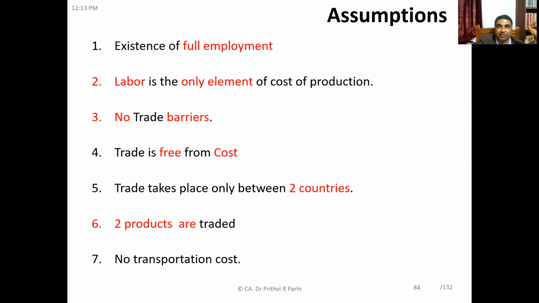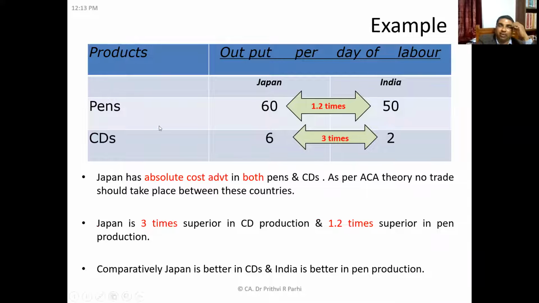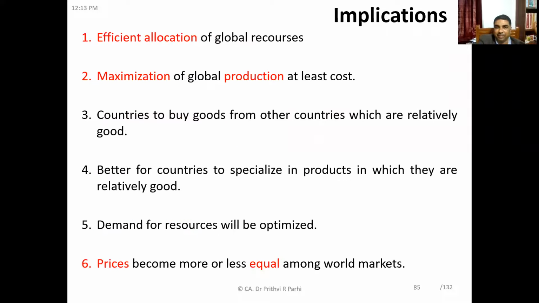Therefore, when we are comparing, we are considering per day output of labor, because labor was the only factor of production. So per day output of pens in Japan is 60, in India 50, and in CDs per day output was 6 in Japan and 2 in India. This is the example we have taken to explain that theory. But here there is only one factor of production, that is labor.